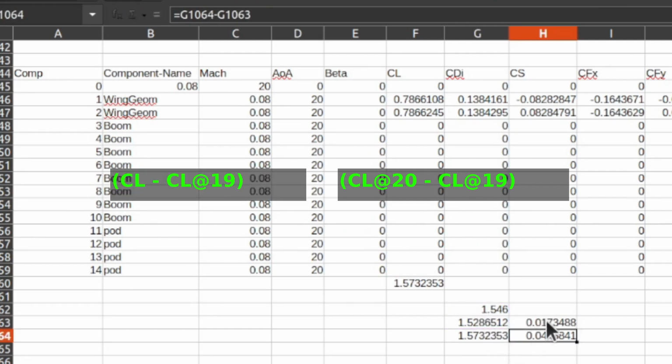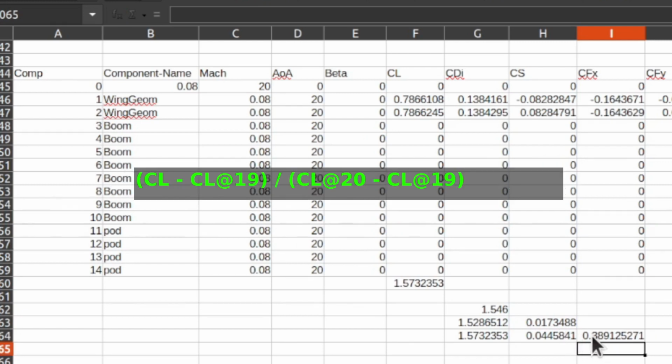I want to know what percentage our particular coefficient lift falls between these 2. So this is the difference between those 2. And this one's the difference between the lower one and ours. So that percentage is going to equal our difference divided by total difference. So that is almost 40% of that distance here.